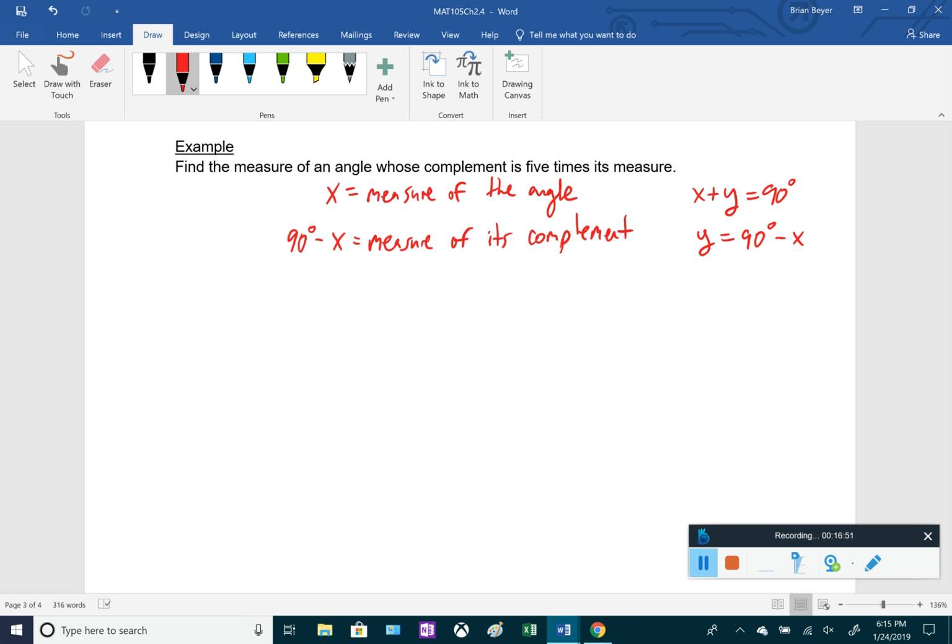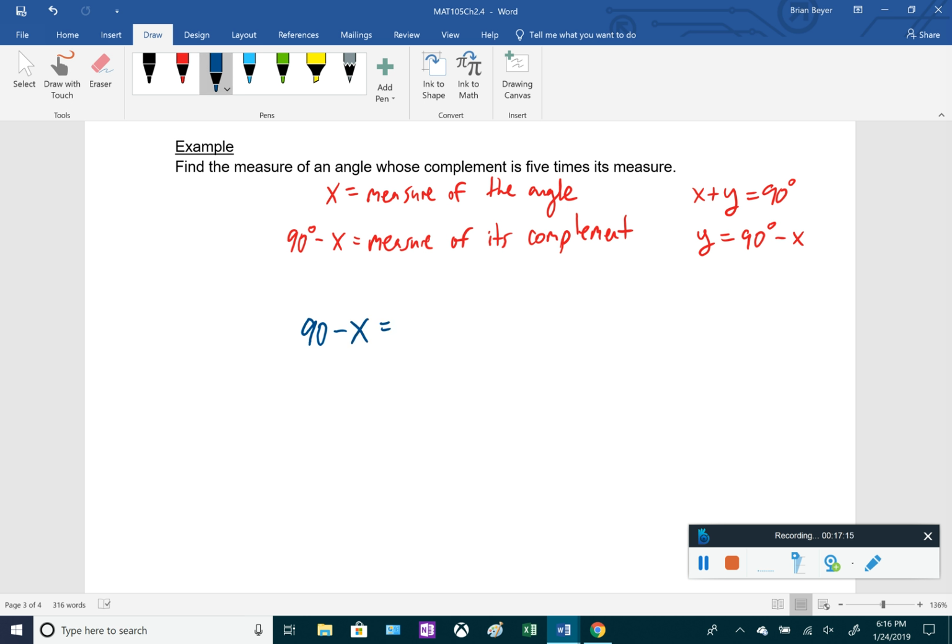Okay, so let's set up an equation. The measure of an angle whose complement is 5 times its measure. So the complement angle, 90, I'm going to ignore degrees right now for the equation's sake.